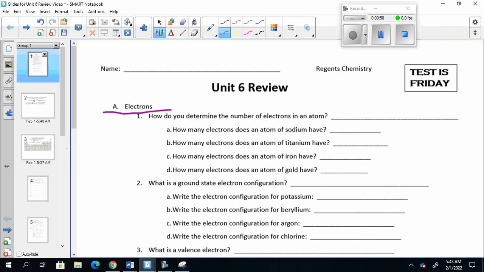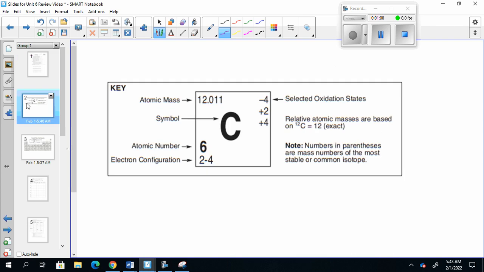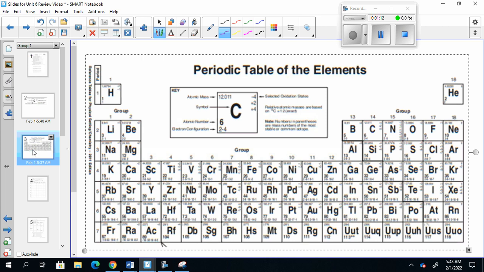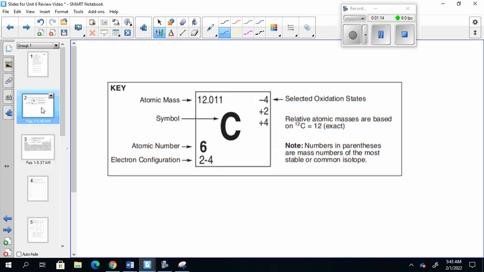So let's jump right in here to our understanding of electrons now. How do you determine the number of electrons in an atom? I want you to grab your reference table, and right at the top of your periodic table of elements here is this key. It reminds us that for every element, we can see its electron configuration. That means, how does it arrange its electrons?